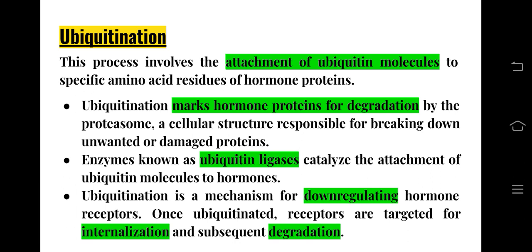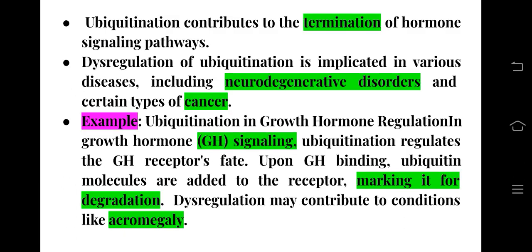But downregulation is also there. Downregulation in this case works by internalizing that receptor, which is triggered by ubiquitination of hormone. Once ubiquitinated, receptors are targeted for internalization and subsequent degradation. That will eventually lead to degradation.